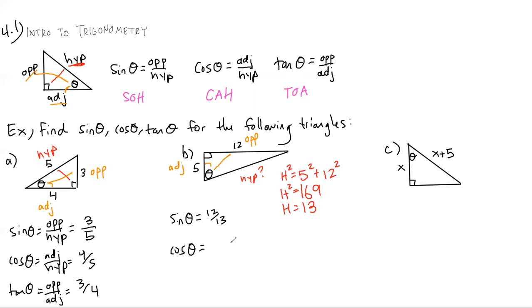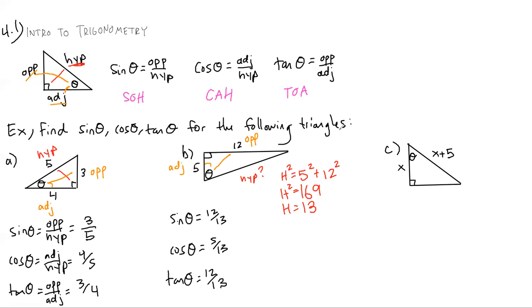Cos theta is adjacent over hypotenuse, 5 over 13. And tan theta is opposite over adjacent, 12 over 5. This is called a Pythagorean triple, where all three sides are integers. It's not always going to be the case, but it's a special nice one, and I can come up with lots of those for these questions so we don't have ugly roots.